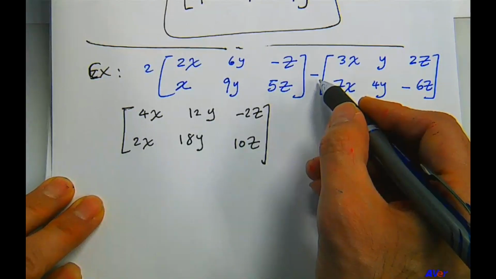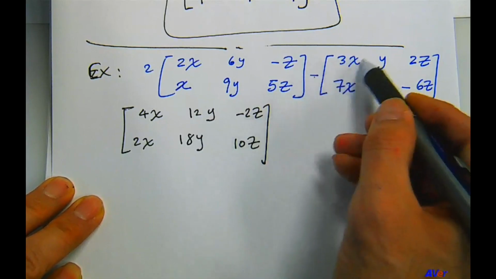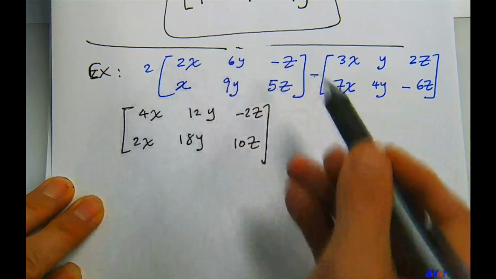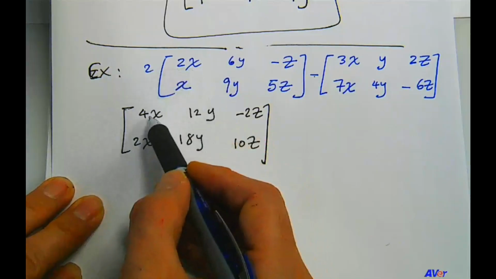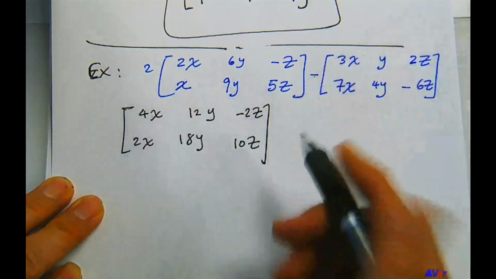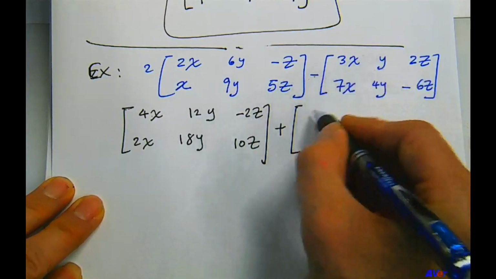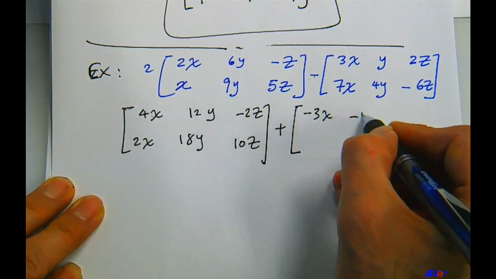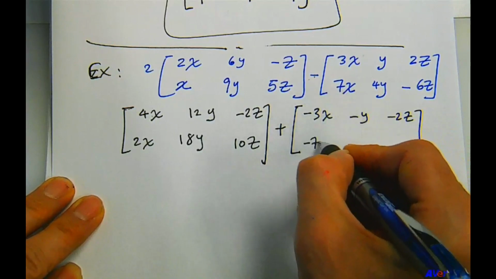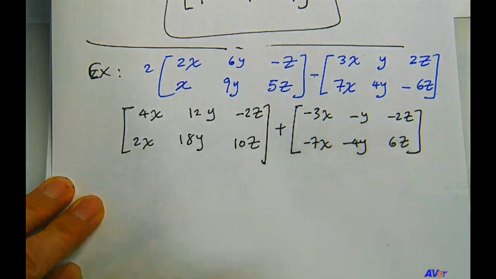When I get here, once again, I prefer to distribute the negative and then add the matrices rather than keep it like this and say 4x minus 3x. You can do that if you want, but I'd rather add rather than subtract. So I'm going to convert this to add, and then distribute: minus 3x, minus y, minus 2z, minus 7x, minus 4y, positive 6z, right?